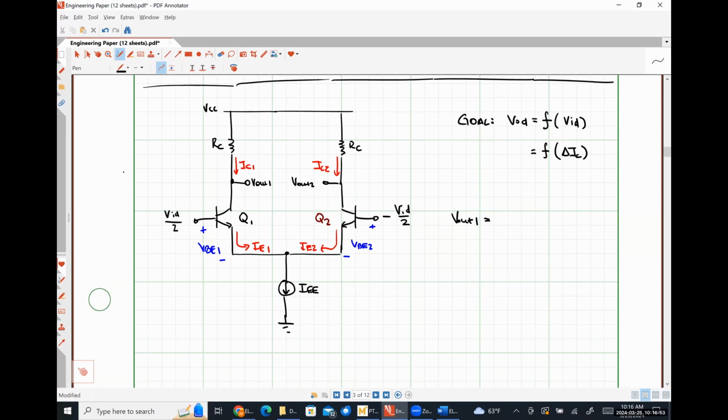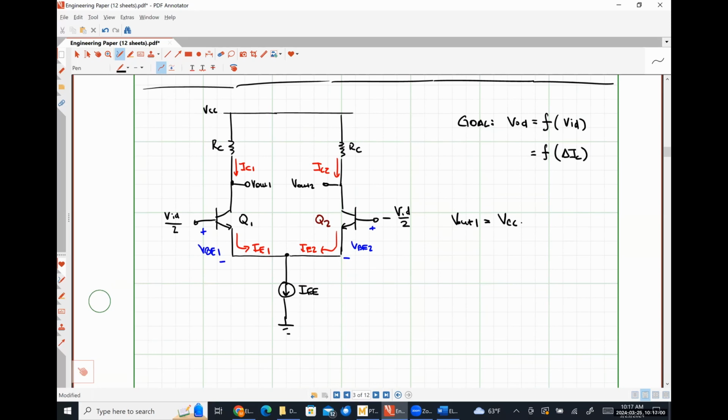VCC minus IC1 RC. V out 2 would be VCC minus IC2 RC. We know that IC1 and IC2 probably aren't the same thing because we have two different voltages applied at the inputs on either side, right?